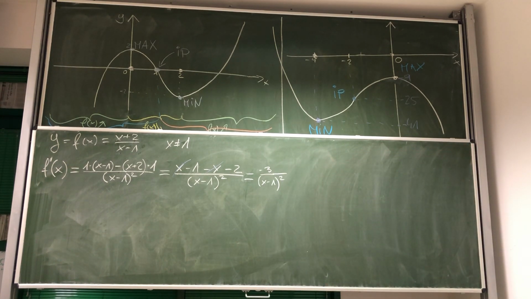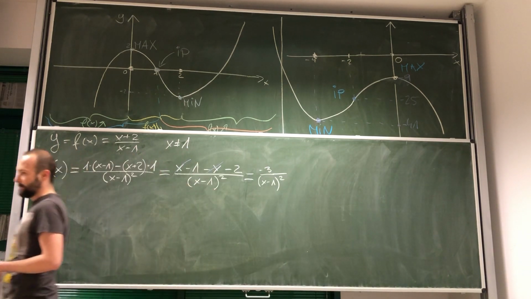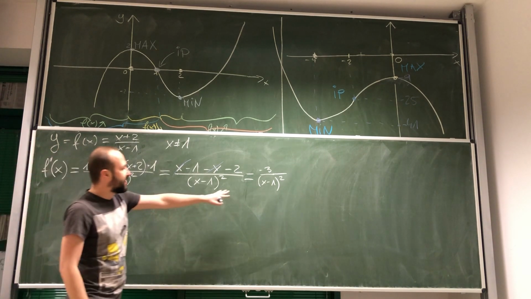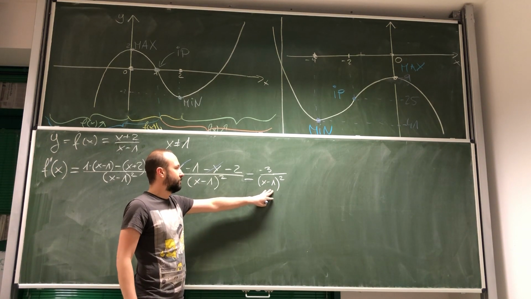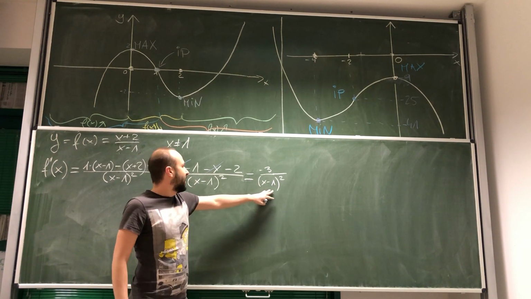Okay, look, we are usually interested when the derivative is positive, when the derivative is negative. Now, can this expression be equal to 0? Well, no. Maybe in limit, right?